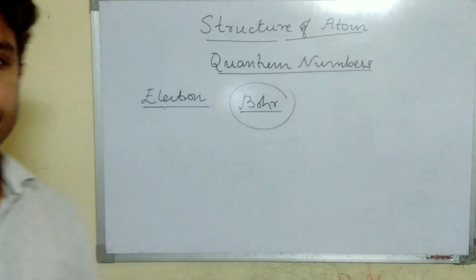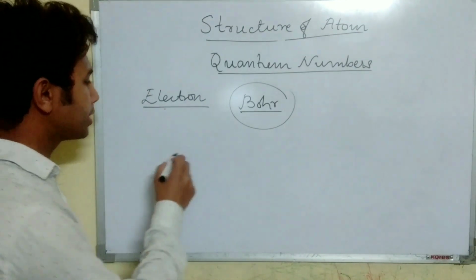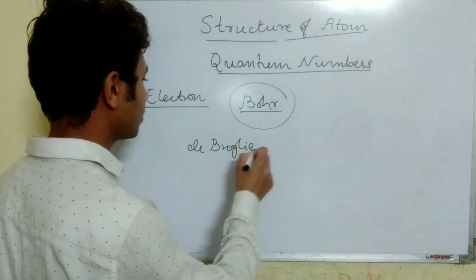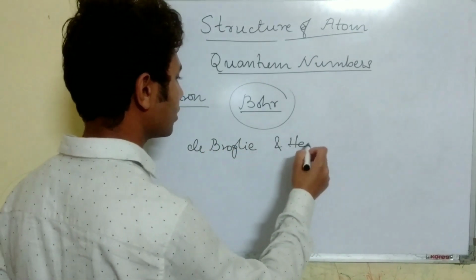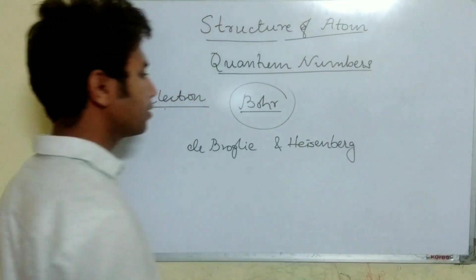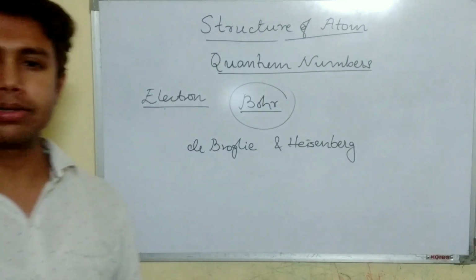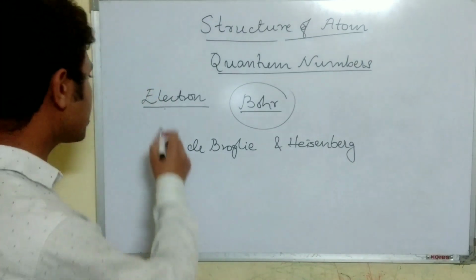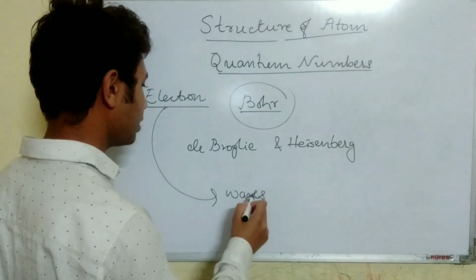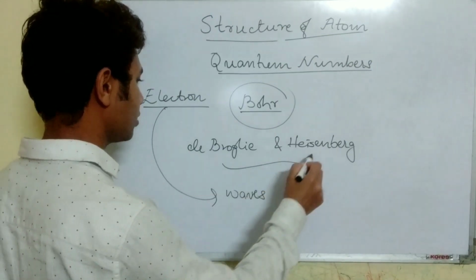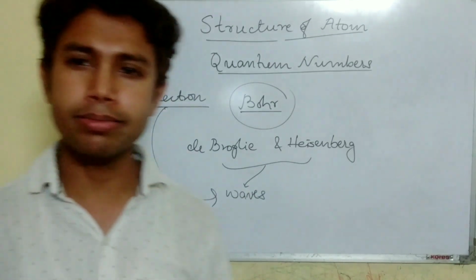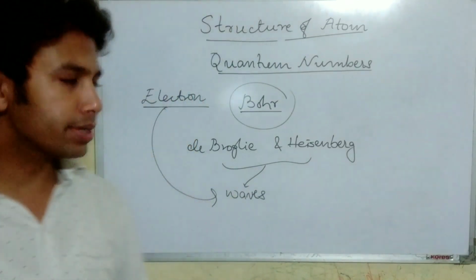But after that, when de Broglie and Heisenberg came, they told that no, electrons are waves. These electrons are waves. So what happened after that?